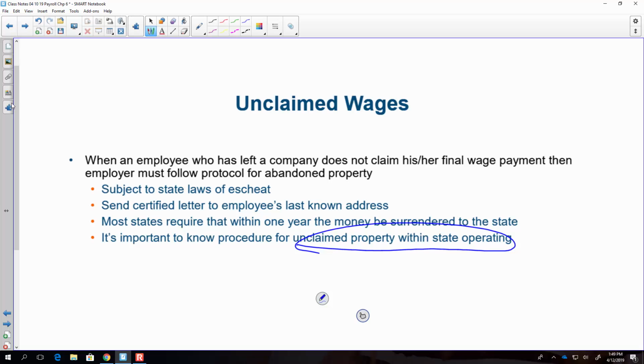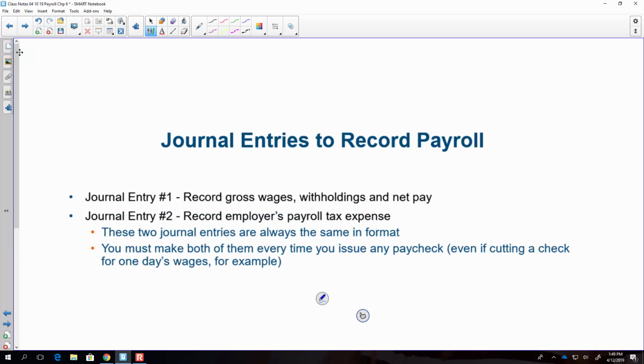You can't just hold it forever and keep it in your safe. You really should submit it to the state. And then if it is claimed by that person 10, 20 years from now, apparently it would be there for them. But that depends again on what your state law wants you to do.